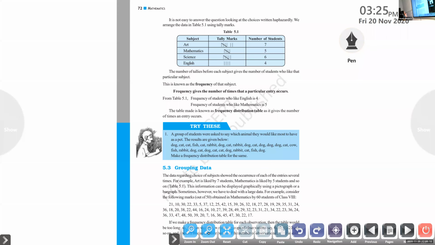For analyzing, we have different methods. First, we have to make a table. That table is known as frequency distribution table. Then also we can use that data for further studies.